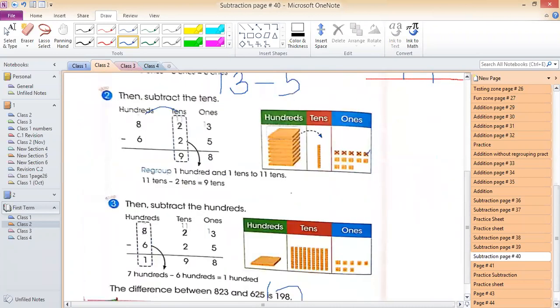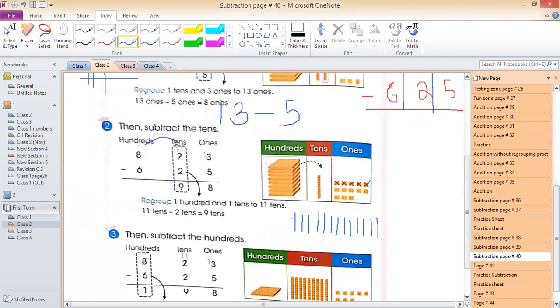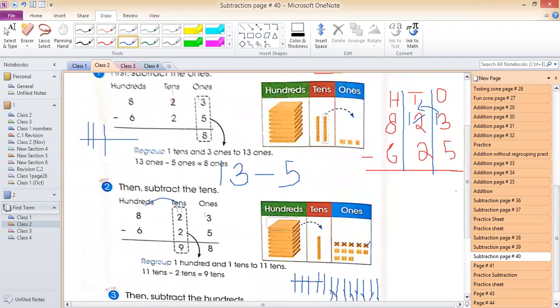So 13 minus 5, you will draw 13 lines. 1, 2, 3, 4, 5, 6, 7, 8, 9, 10, 11, 12, 13. Cut 5 lines. 1, 2, 3, 4, 5. Check how many lines are left. 1, 2, 3, 4, 5, 6, 7, and 8. So 13 minus 5 is equal to 8. So you will write here 8.